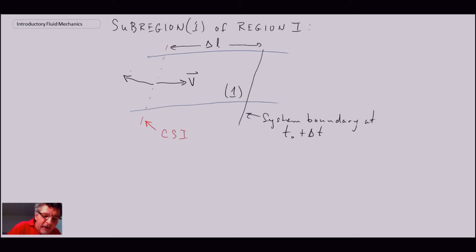Now the area here is going to be a little different from the way that we drew it before, because if you recall, area, we always have it projecting outward from our control system, and so this is the inlet to the control system, so the area is projected outwards, and consequently alpha, the angle between the velocity vector and the area, alpha is greater than 90 degrees, so this represents mass inflow.